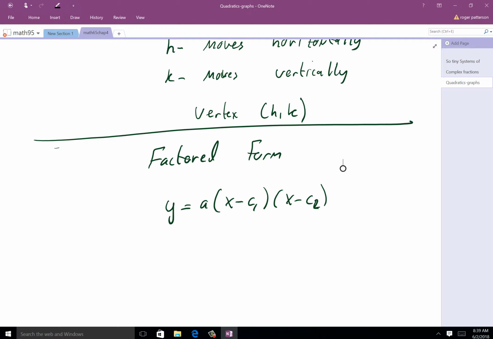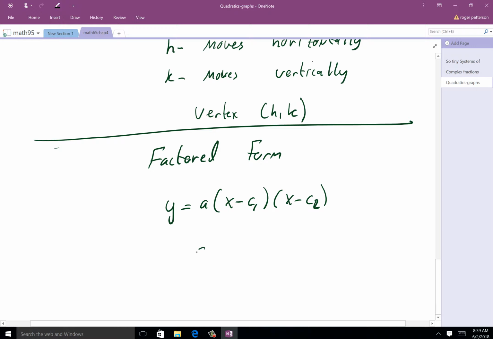Every one of those forms pretty much gives you a sense of the graph, except for general form. It's just not very good for graphing. This one tells you what the x-intercepts are. A is going to do whatever it does. So those are your 3 forms, and your quadratics are always going to be in one of those 3 forms.